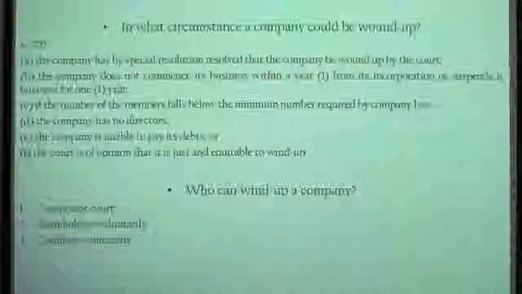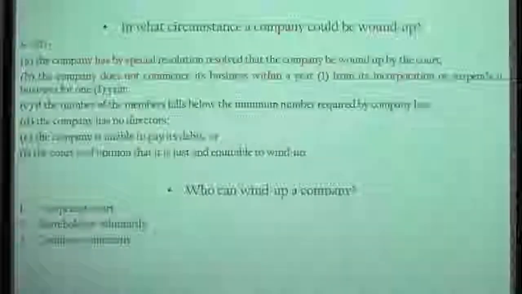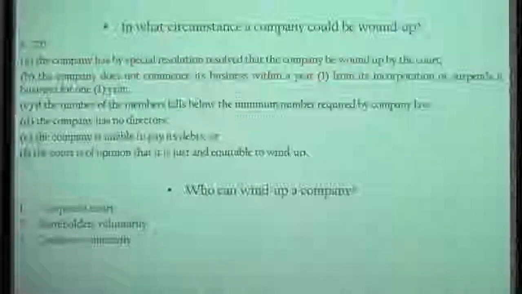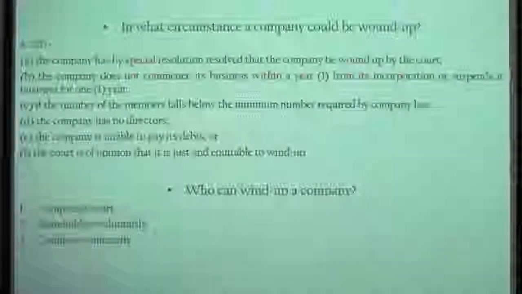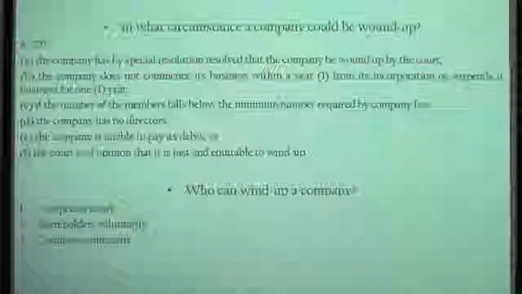So, in that case, if you fail to give the names of the directors to the registrar of companies, and at a certain instance the existing directors have resigned and there exist no directors at a certain time, then the company cannot exist.